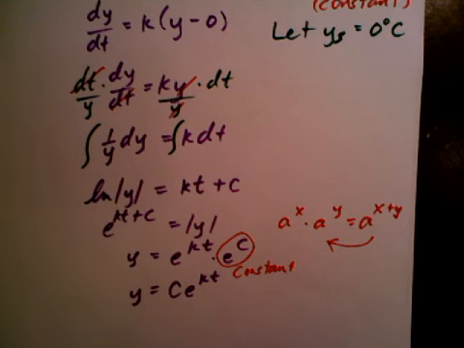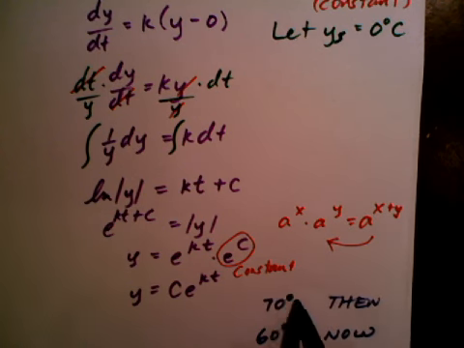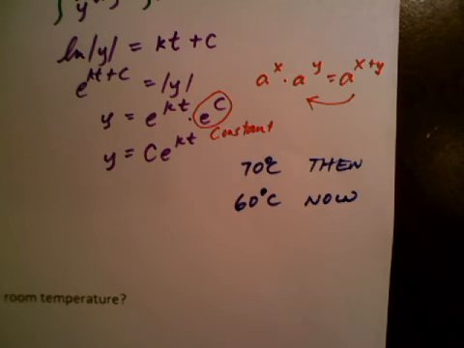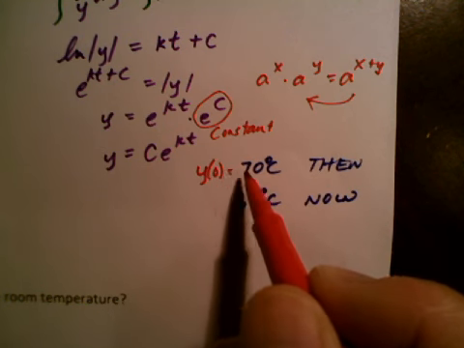So if we remember what was going on in the beginning here, right now the temperature is 60 degrees above. So we're just going to call that 60 degrees. That's now. Then, which was 20 minutes ago, it was 70 degrees Celsius above room temperature. Well, we can manipulate these numbers a little bit to fit our equation. It would be easier if we said the then part is our y of 0.